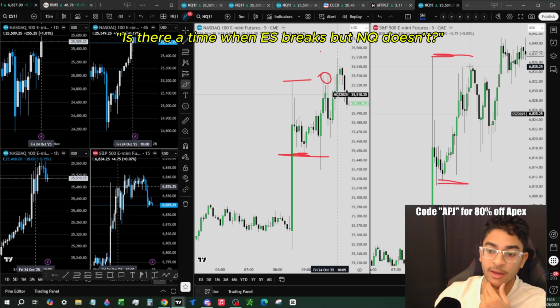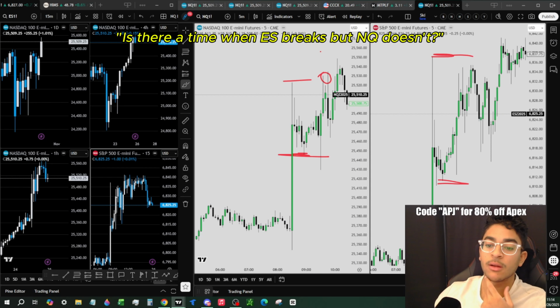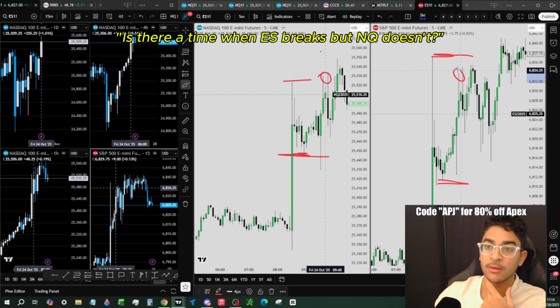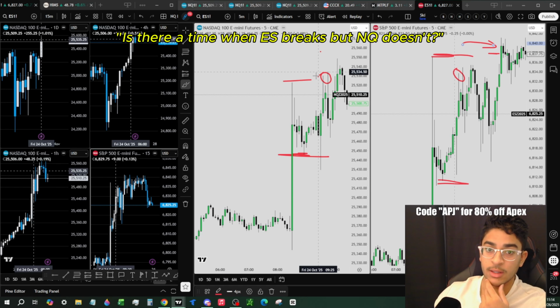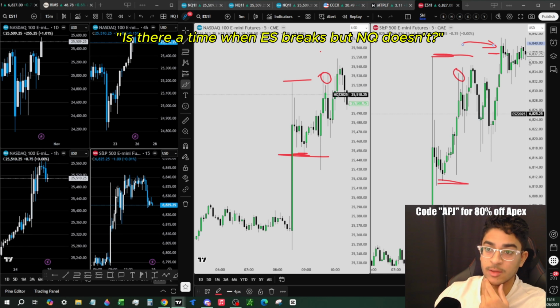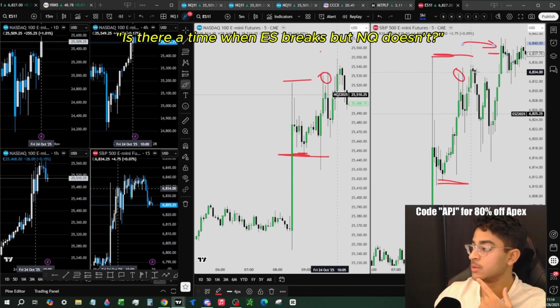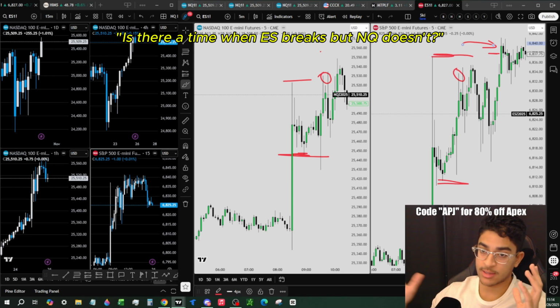ES at 9:35 was still all the way back here. It didn't make a new high until about 2 hours later at 11:20. So NQ moved up, made a new high on the day, continued moving up. ES took about 2 hours to break its high of day. That's an example of SMT.